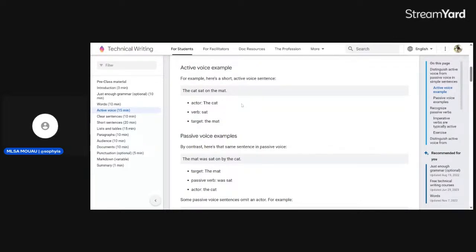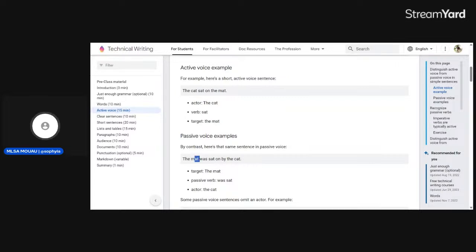Now, an active voice sentence would be this: the cat sat on the mat. So the cat is the actor, sat is the verb, mat is the target. But in a passive voice, remember we said target, verb, and actor. So a passive voice would be the mat was sat on by the cat.